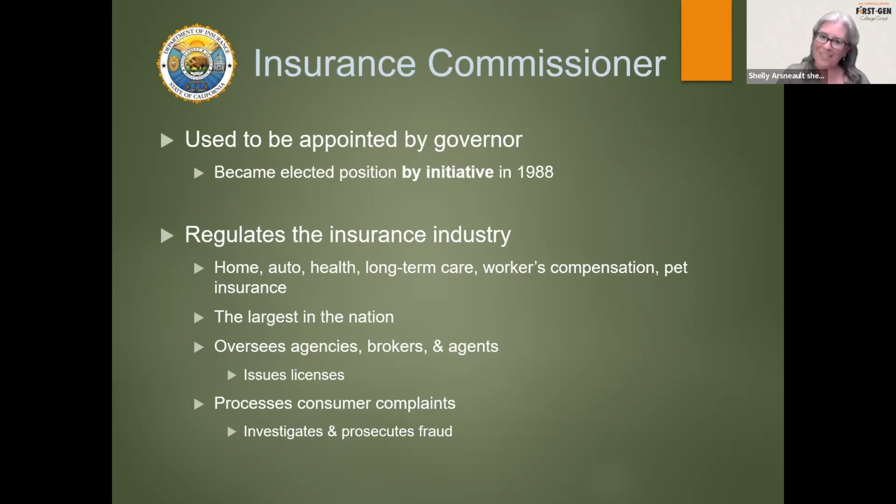So the downside is, does that mean that this position is more beholden to these industries than to the people? That's sort of the political science skepticism, I guess I would say, about a position like this.